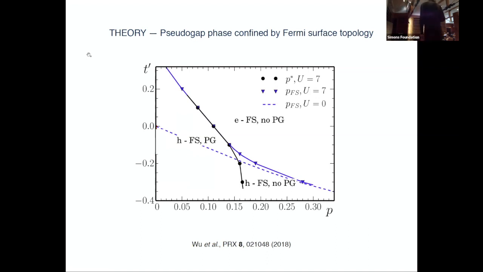And what they found is that by looking at where the pseudogap happens, indeed, it always happens below the Van Hove point. So they also arrive at the same inequality. In other words, it appears that you cannot have a pseudogap if you have an electron-like Fermi surface, which doesn't cut the antiferromagnetic zone boundary. It's an intriguing fact about this.